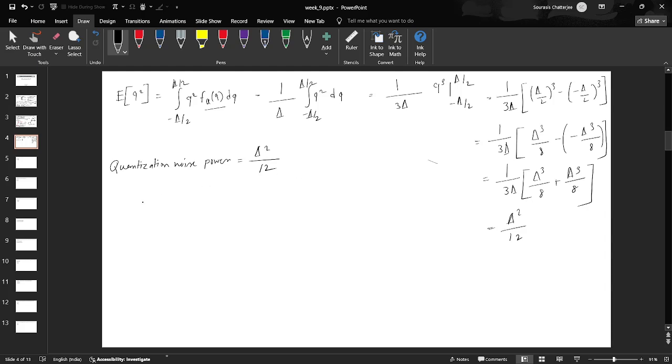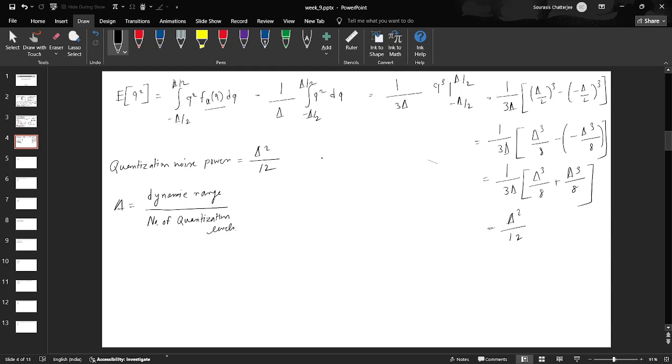So delta is your entire dynamic range, that is just a formal name for the interval over which the message amplitude varies, and that is divided by the number of quantization levels.